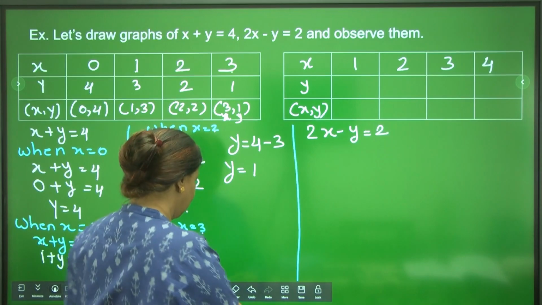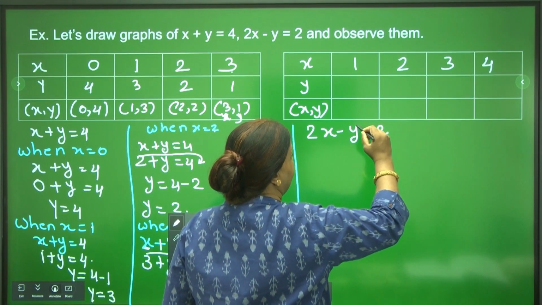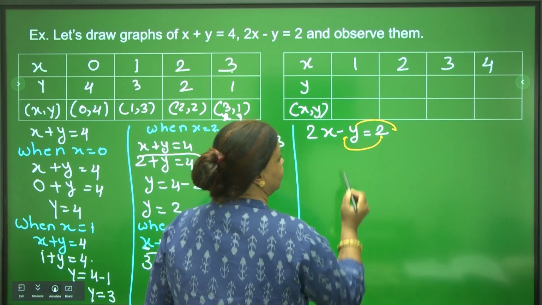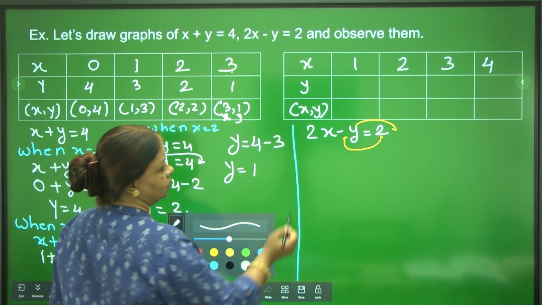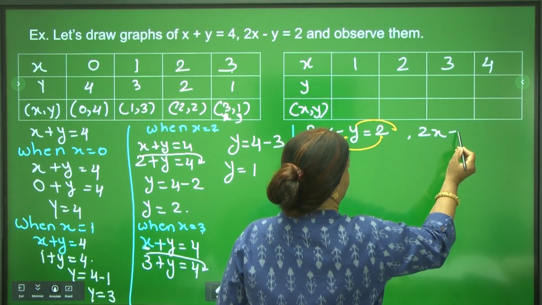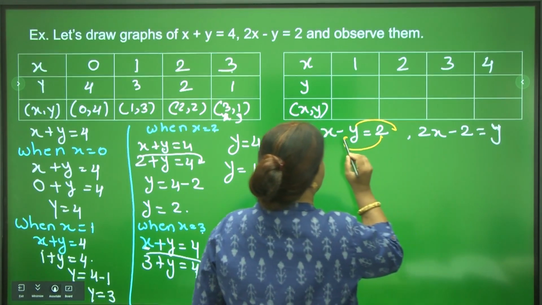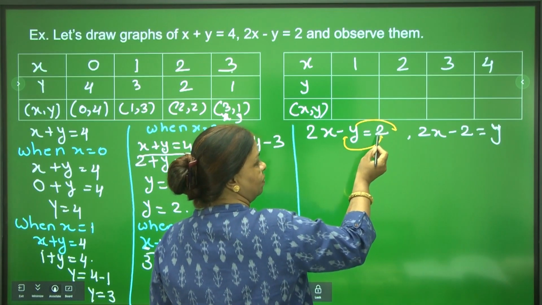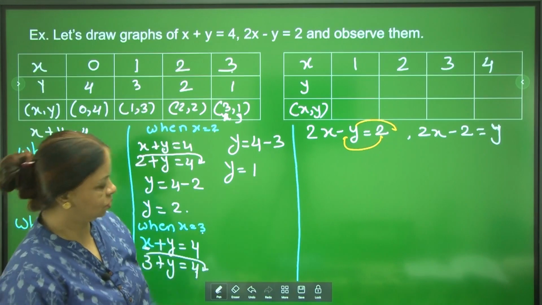See, I will be taking this y this side and I will bring this 2 here, okay. So what will happen, see. 2x minus 2 is equal to y. Y is minus, when it went this side it will become plus. 2 is plus, when it came here it will become minus. Clear? Now place the values.